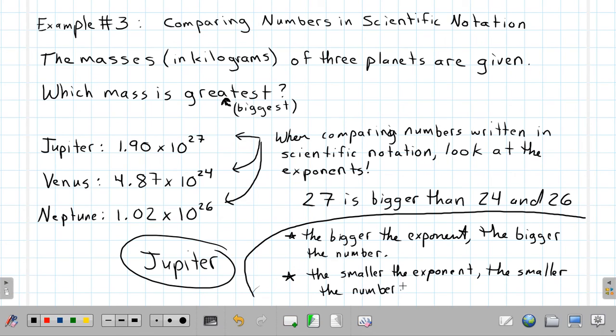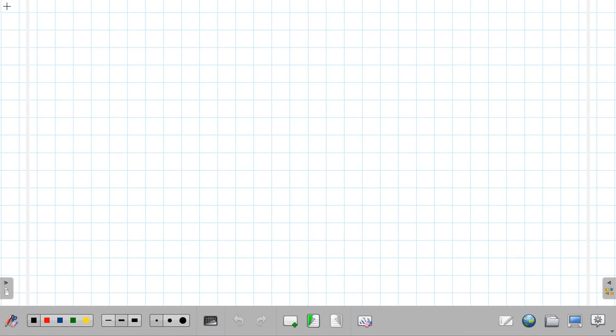Okay, so what I mean by that, bigger exponents mean bigger numbers. Smaller exponents mean smaller numbers. But then we have the question, well, what if we have exponents that are the same? So out of these two numbers, which one would be bigger?